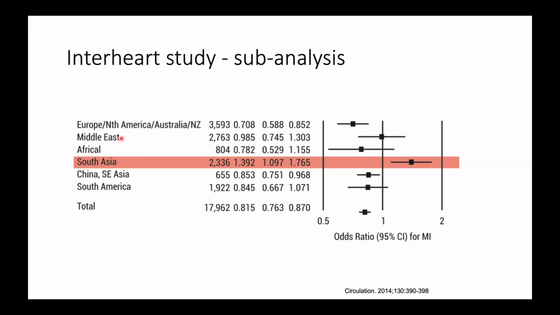It was neutral for the Middle East or African, but in the Indian population, there was a high incidence of cardiovascular disease, first occurrence of MI to be precise, when the patient was consuming alcohol. So there is a direct relation of alcohol intake and first occurrence of myocardial infarction.